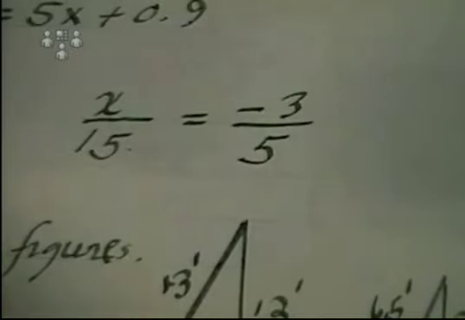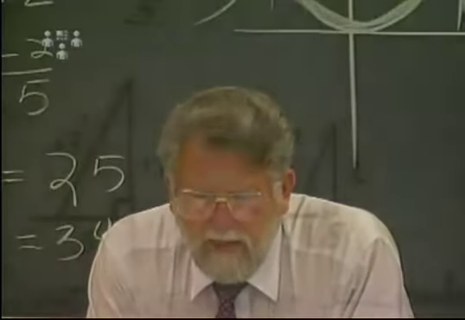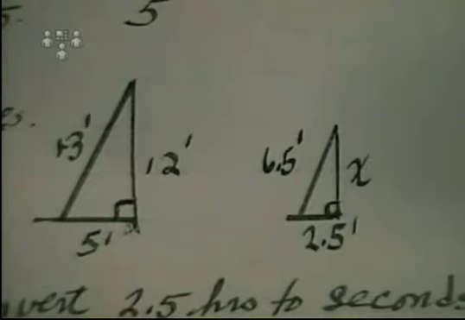You will see proportions on the final. So the proportion: x is to 12 as 2.5 is to 5. x over 12 as 2.5 over 5. Or x is to 12 as 1 is to 2.